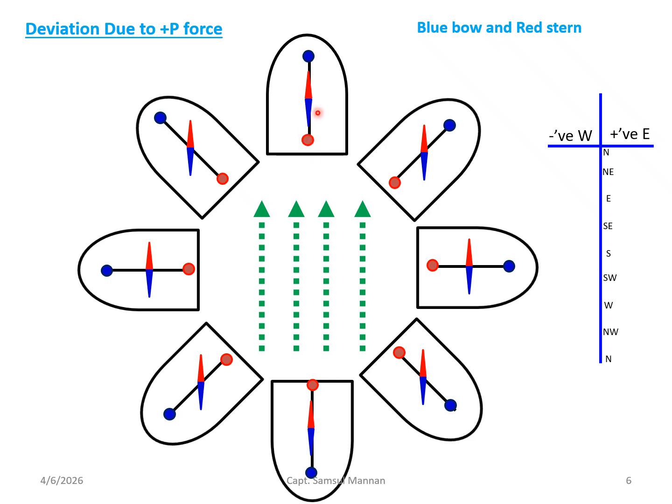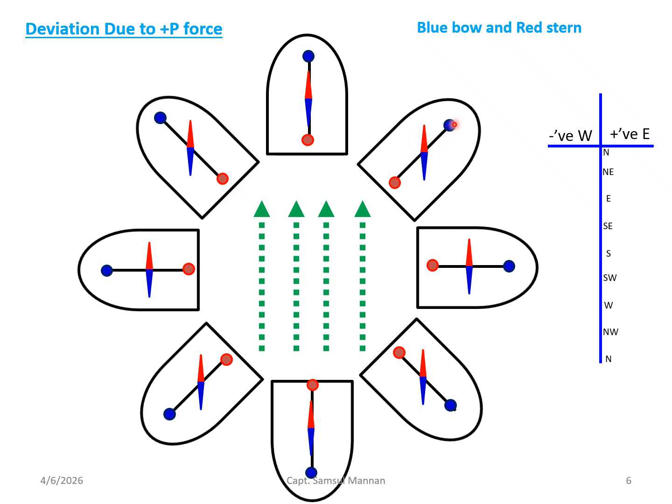On the 0 degree heading, the blue pole and red pole are aligned with the magnetic meridian, so this compass needle will not have any kind of deviation. However, directive force can be decreased or increased, but there will be no deviation, right? But if the ship alters its course to 045 degrees, what happens?